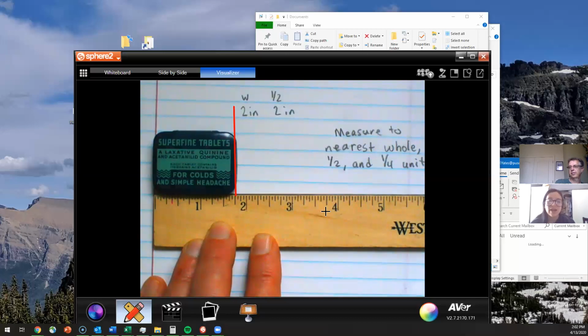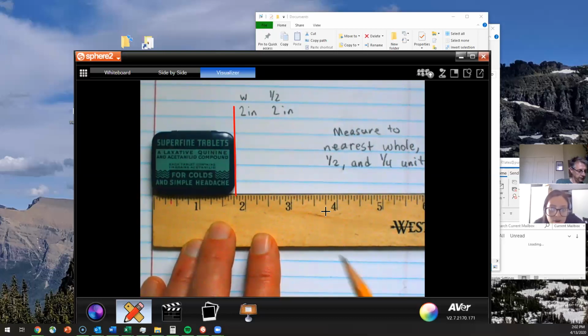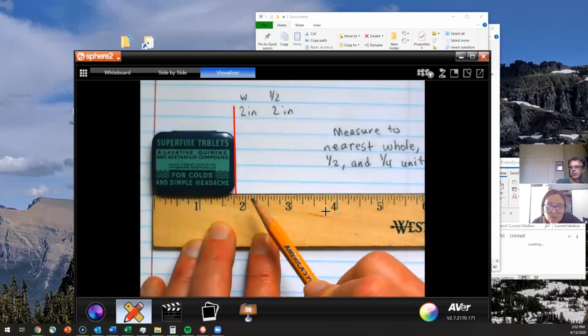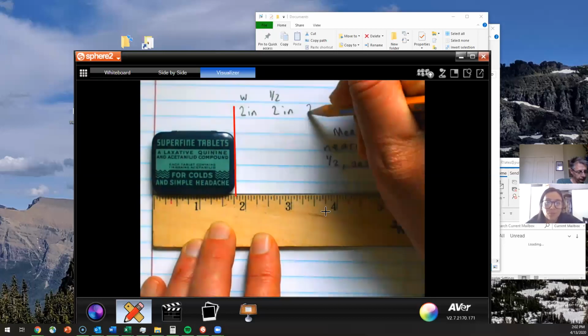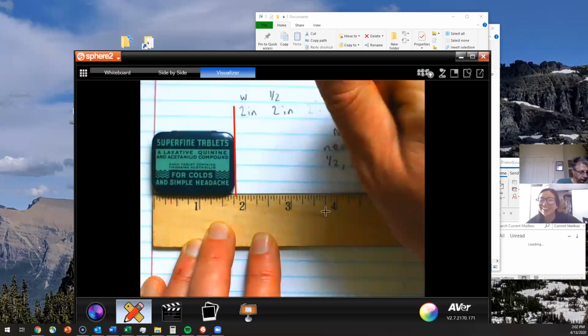Now we're going to go ahead and look at our 1/4 inch. So our 1/4 inches are going to be 1 3/4, and then you also can use your 2, and then 2 1/4. But it looks like it is really, really close to our 1 3/4 inches, or 2.